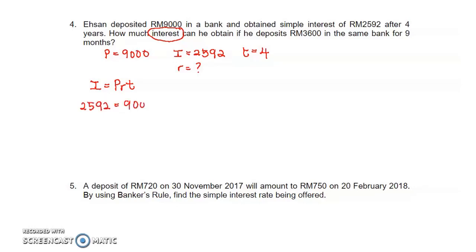Principal 9,000. We want to find rate R. T is already in years, which is 4, no need to divide by 12 or 360.